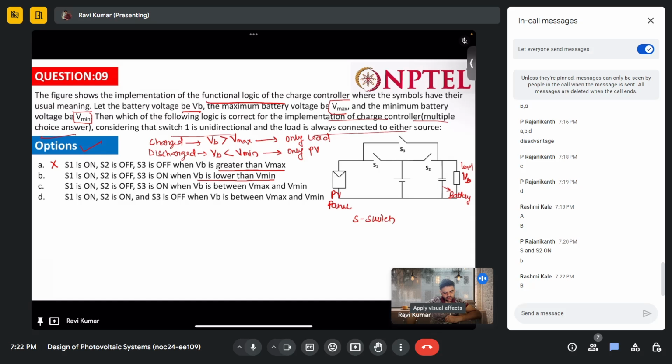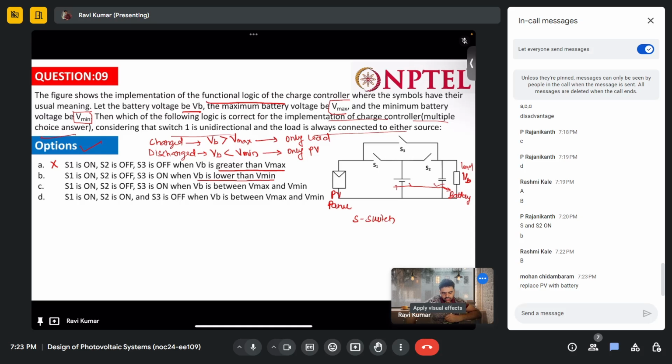So S1 is on, it is connecting to the PV, S2 is off, load is not connecting with the battery, and load is connected with the, sorry, I made a mistake. Battery is here only.